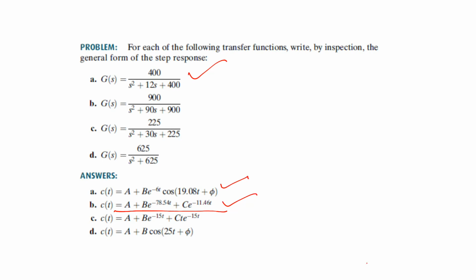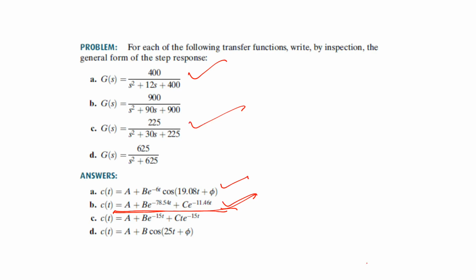First one was the overdamped case, which has two real poles, and the second one has two complex poles, so it is the underdamped case. Then the third one has two real poles, that is the fourth case.